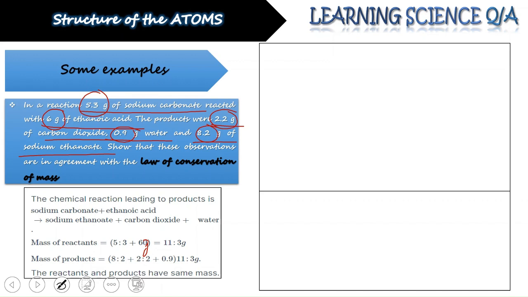These are decimals, so these are 5.3, 8.2, 2.2. So the mass on the reactant side is 11.3, which is equal to the mass on the product side. So we can say yes, these observations are in agreement with the law of conservation of mass.